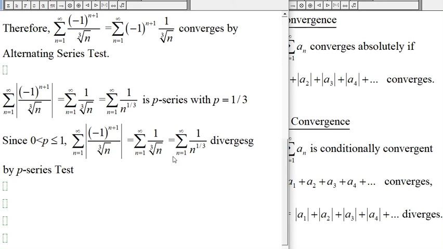Okay. One more time, the p-series test says that if p is between 0 and 1, including 1, then the series diverges. But if p is greater than 1, then the series converges.